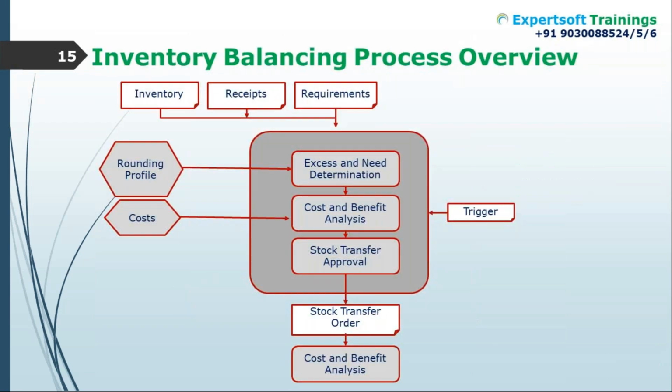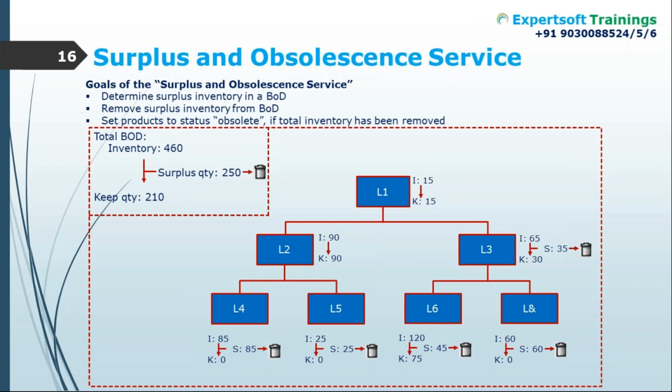So the inventory balancing process, where you have excess and there is a shortage, can be calculated by the inventory balancing, and then you will identify the lateral movement of that stock from one location to the other location.